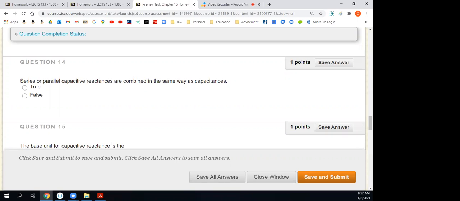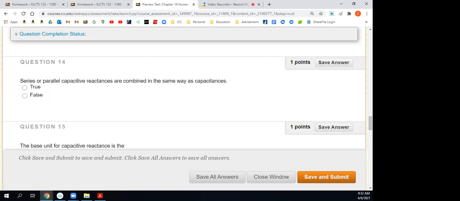In an alternating current circuit, it has a value. It has a resistive value, almost like a resistor. That resistive value, the way it affects that circuit, is called capacitive reactance. So capacitance is its ability to store charge. Capacitive reactance is how it resists current flow in a circuit. Make sense? So if you could keep in your mind that capacitance is this different entity than the way it affects an alternating current circuit.